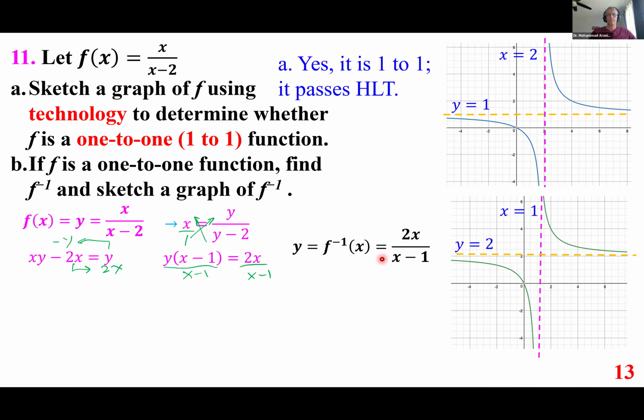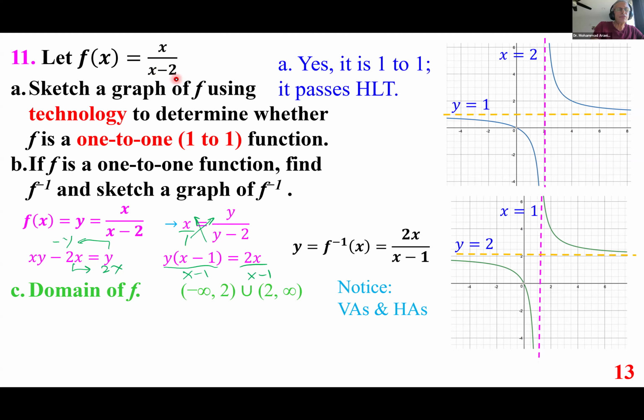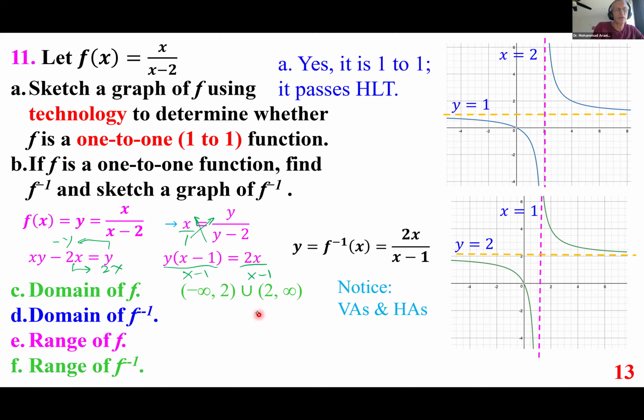So VAs versus HAs. If we look at the domain for this function, you set x minus 2 equal to 0 and you excluded it. That means from negative infinity to 2, union 2 to infinity. And if the domain of f is this, the range of f inverse is the same thing. Range of f inverse is the same thing, everybody.